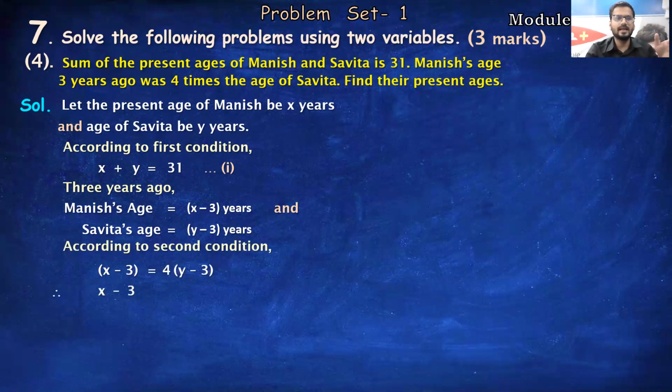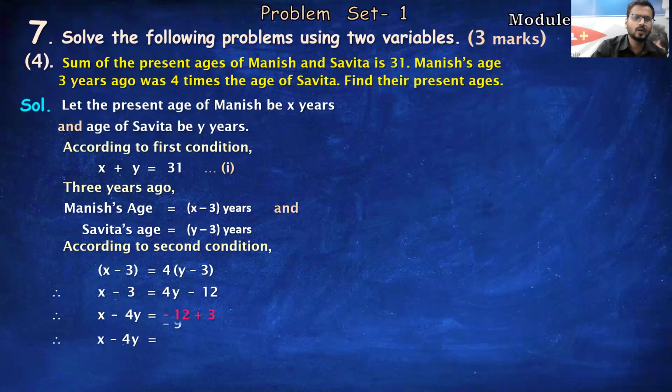Let's keep the left hand side as it is. Just open the bracket. On the right hand side, let's multiply. 4 into y is 4y. 4 into minus 3 is minus 12. Do the shifting part: x and y on the left side, numbers on the right side. So we'll keep x as it is. 4y on the left hand side becomes minus 4y. Minus 12 as it is on the right hand side. Minus 3 from left to right becomes plus 3. So x minus 4y is equals to minus 9. So this is your second equation, students.